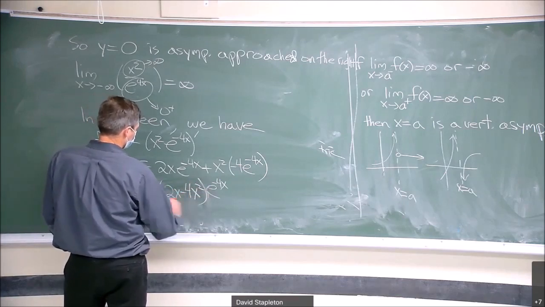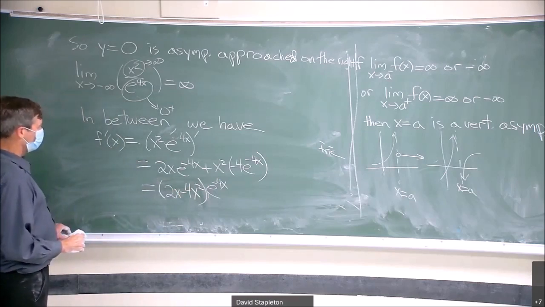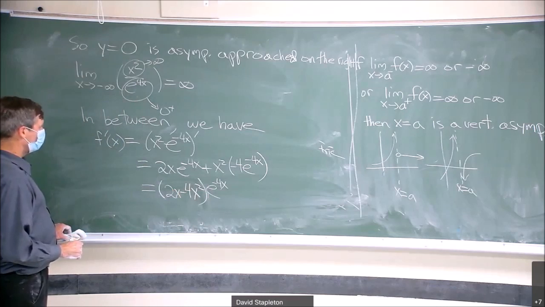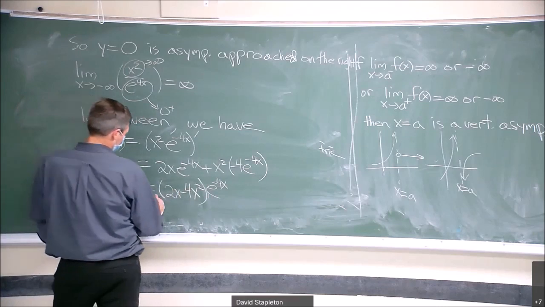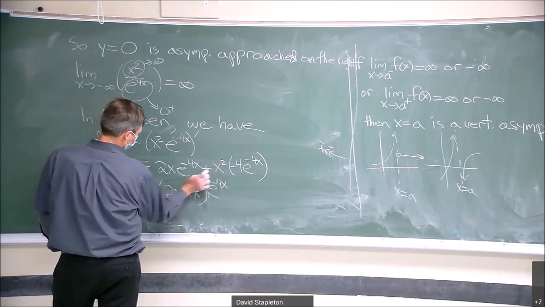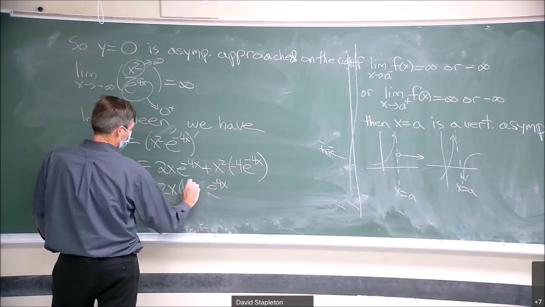This is the best way to do it. Sorry. So there's f prime of x. Well, let's put it back the way it was. All right. 2x, sorry about that, times 1 minus 2x.